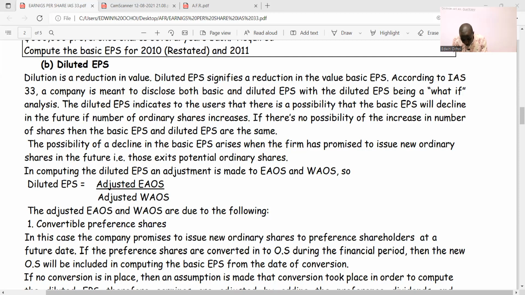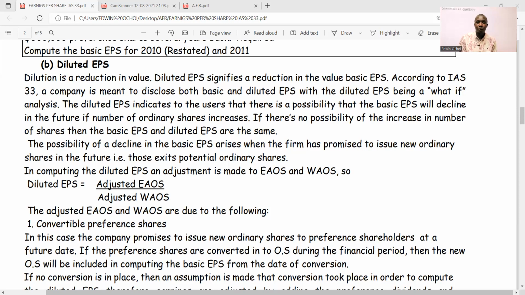When we deal with diluted earnings per share, there is a possibility that the basic EPS will decline in the future if the number of ordinary shares increases. So where are these ordinary shares increasing from?